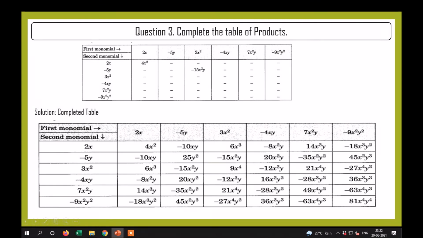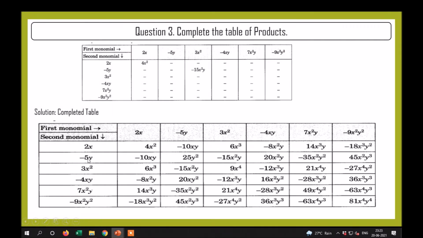Third question is complete the table of products. So this is the first monomial and this is the second monomial. We have to find the product. So 2x into 2x is 4x square.